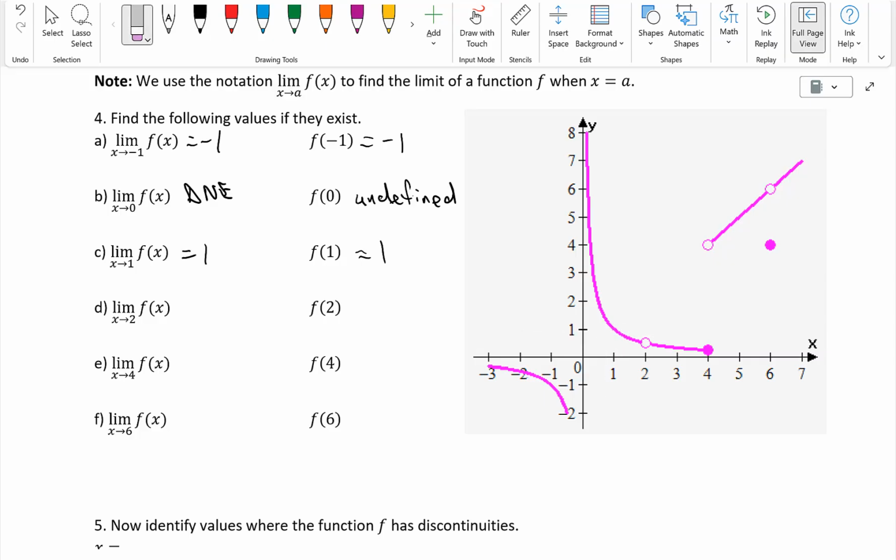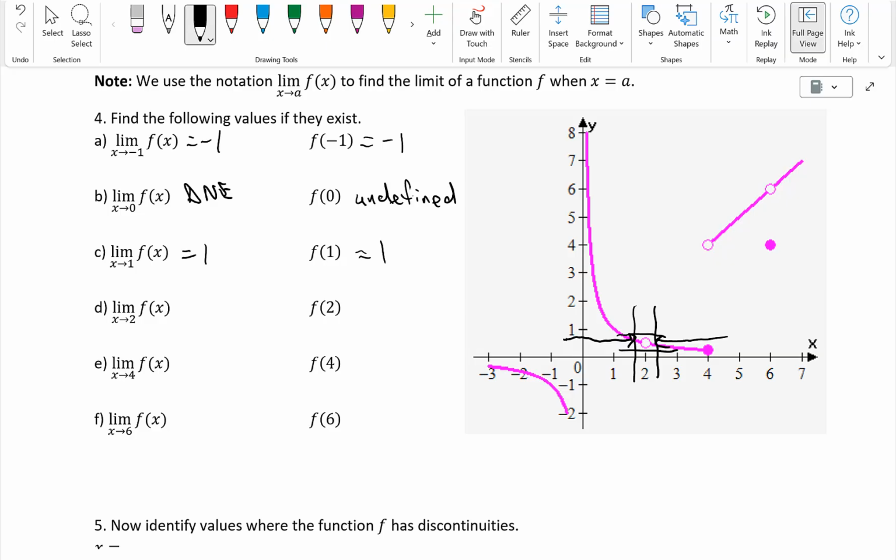For d, we're pinching in around 2, so our limit as x approaches 2 for f of x. As we come in along the function from the left and from the right, you can see we're getting really close to a height of maybe 1/2. There's no actual point there, but we still are getting close to the same height from both sides.